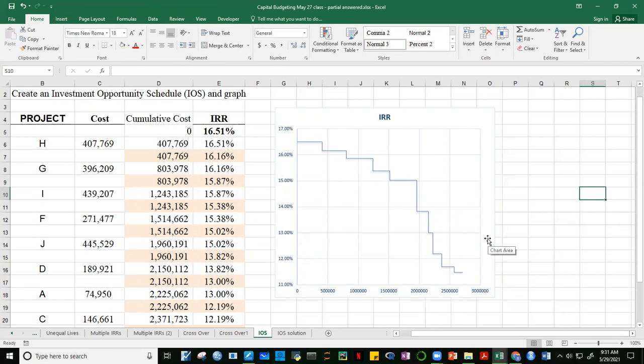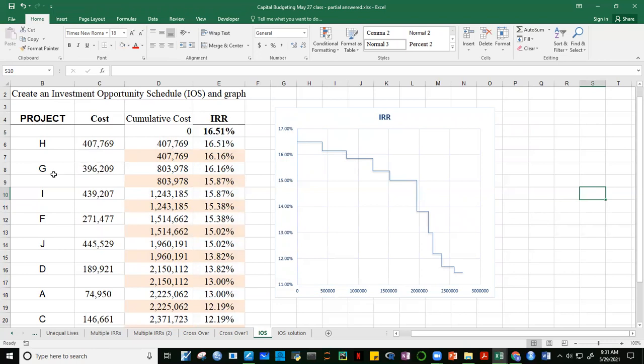What does this mean? The implication is that this is project H, and the budget of project H, the cost of project H, is 407,769. So that means that if we only have a 500,000 budget for initial investment, only project H will be acceptable.